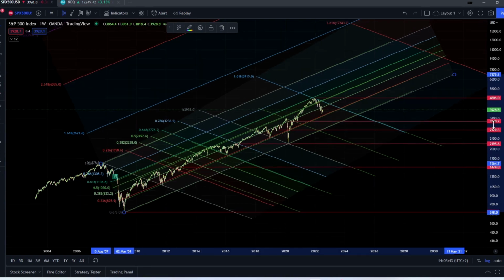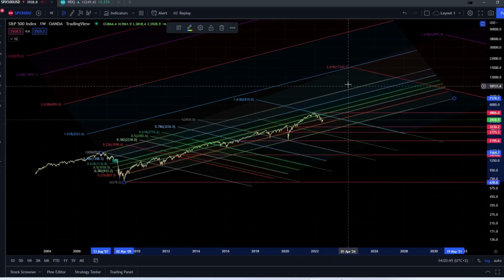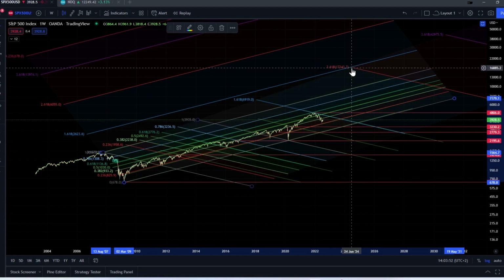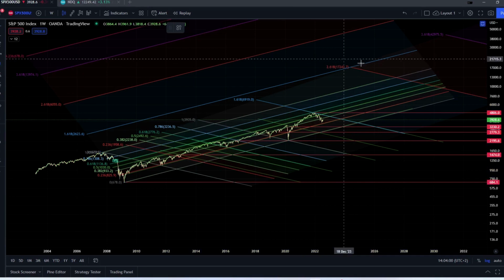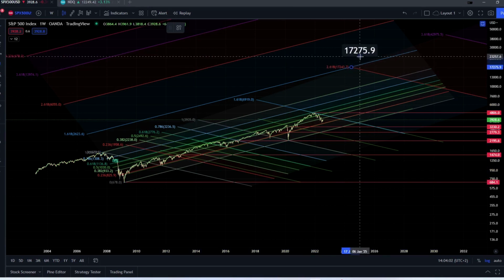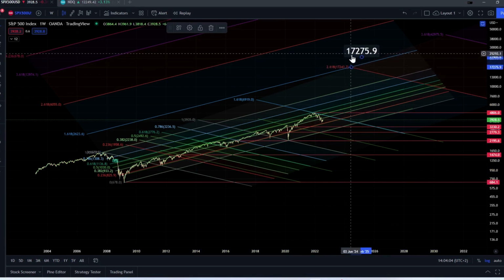Okay, and by doing this, we come across the first intersections of these Fibonacci channels, one here in June 2024, well above current prices. We have an ultimate target here at the 17,200. This is still a long way to that level.